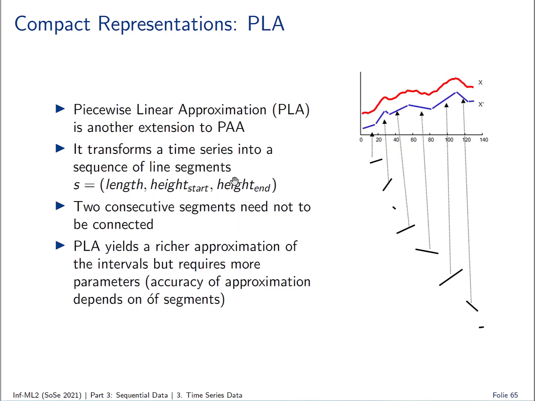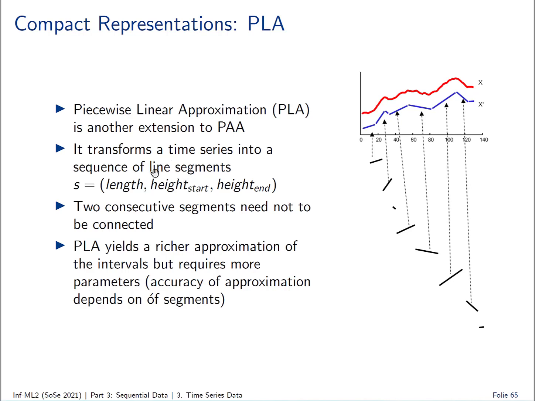But the idea is the same basically. And going a little bit more complex is PLA, piecewise linear approximation. Basically the same idea, but now we don't extract the mean of the boxes, but we extract the value at start and the value at the end, and of course the length, because from those three parameters we can compute the slope and stuff like that.